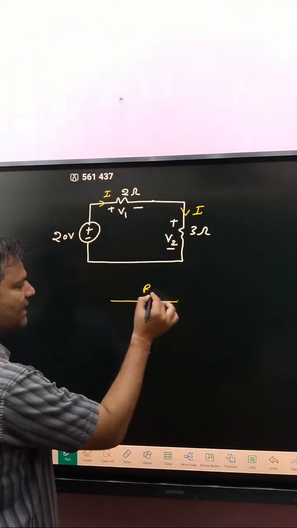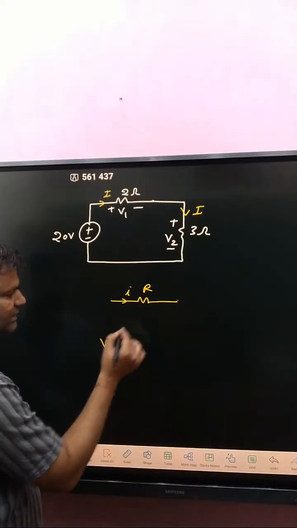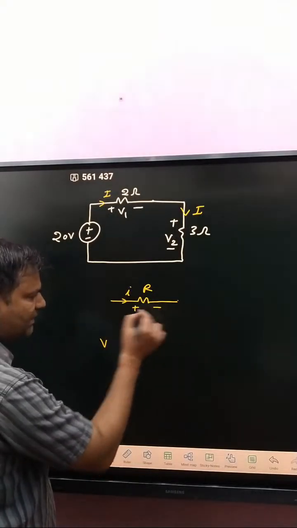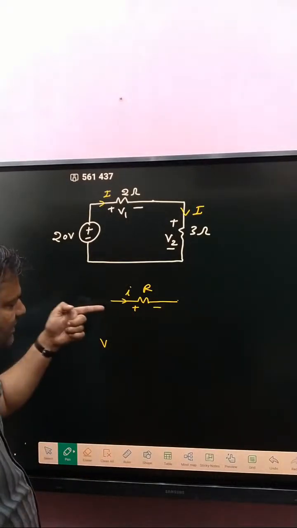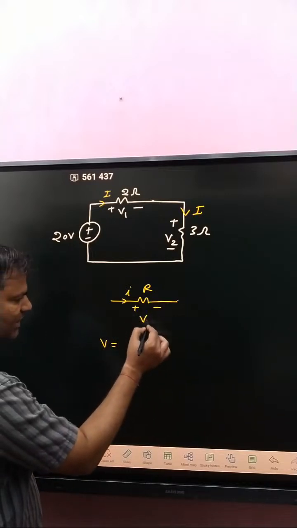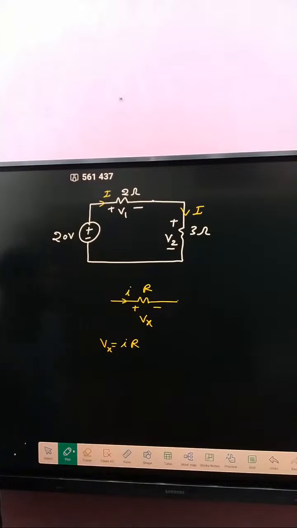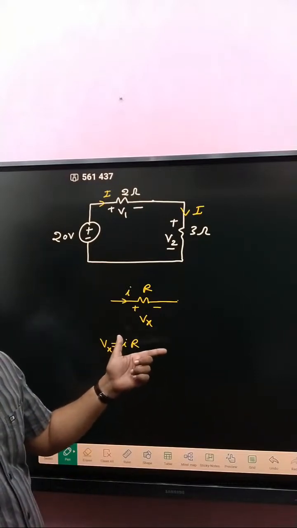Suppose there is resistance R and current like that, then what about voltage? Current always flows from positive to minus, so the voltage Vx is written as plus I into R. That sign I have always taken.